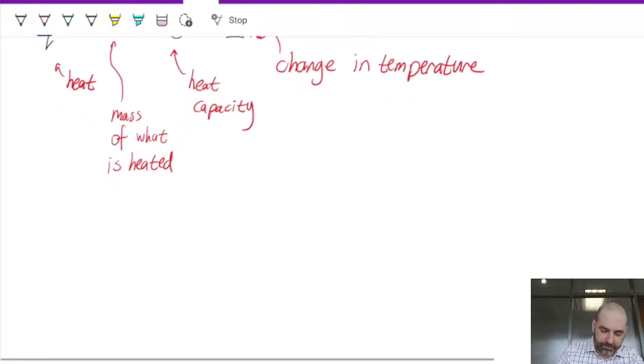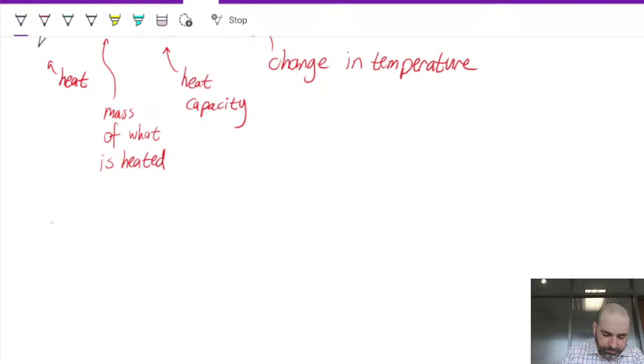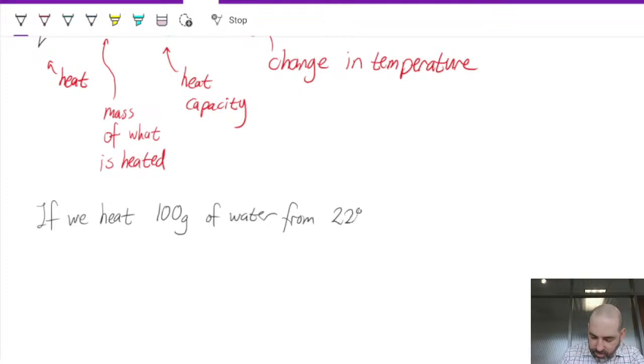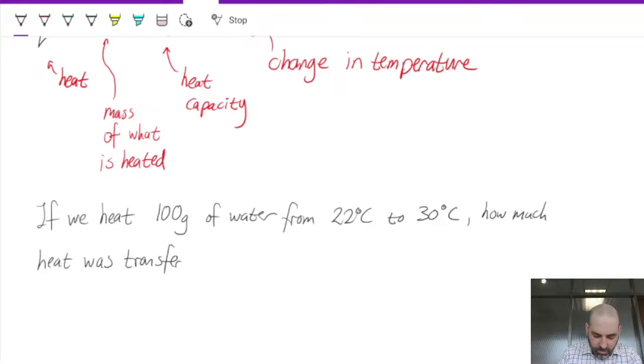All right, so for example, if we heat 100 grams of water from 22 degrees C to 30 degrees C, how much heat was transferred?